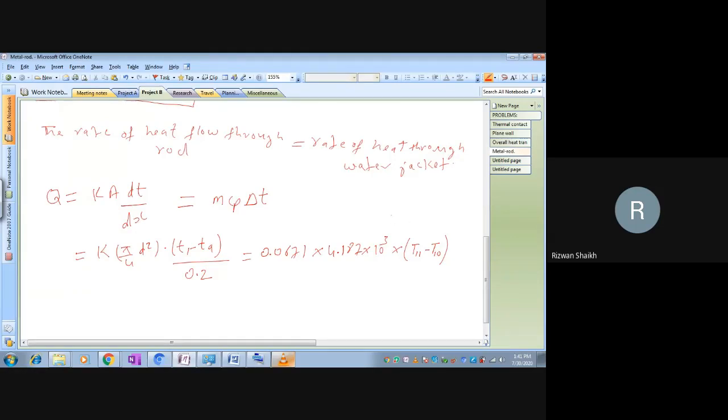Here T10, T11 are known, T1, T9 are known, and pi by 4 d square, where d is the diameter of the rod. Let me write the data here.